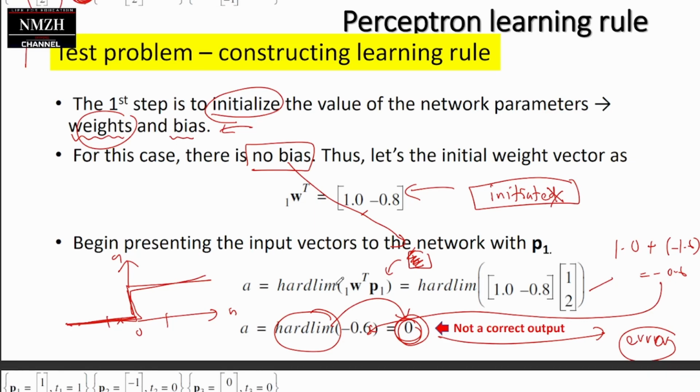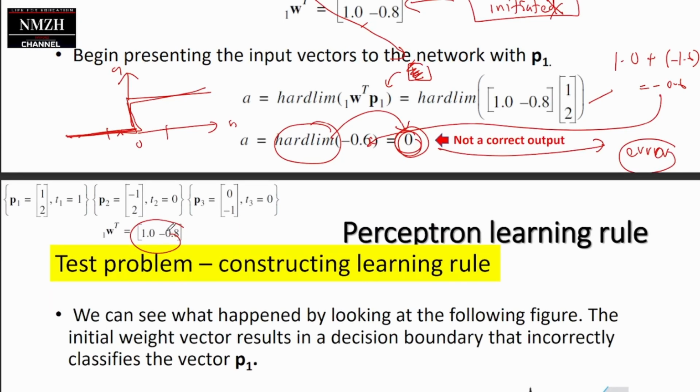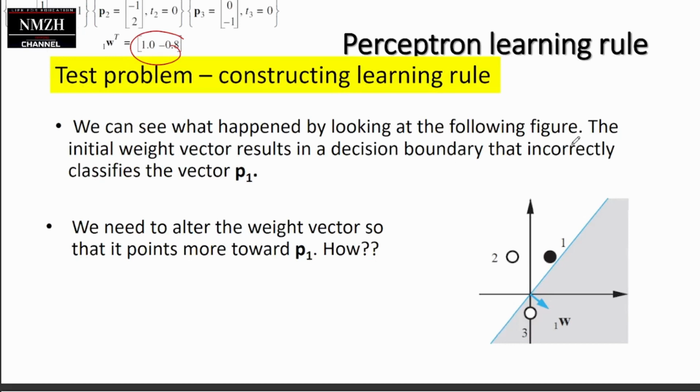Let's say here is 0, right? The one that we picked just now is 1 and minus 0.8, the weight, remember? We can see what happened by looking at the following figure. The initial weight vector results in a decision boundary that incorrectly classifies P1.